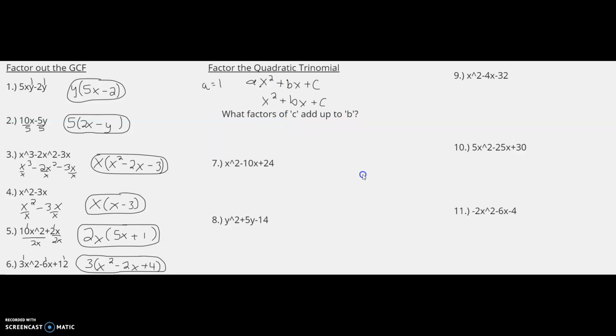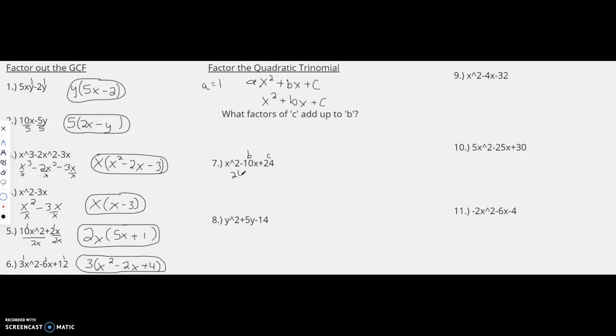Alright, so looking at each of these examples, we're going to get into that. Okay, so if you look at number 7, the b number is negative 10 and the c number is 24. So the question we need to ask is, what factors of 24 add up to negative 10?